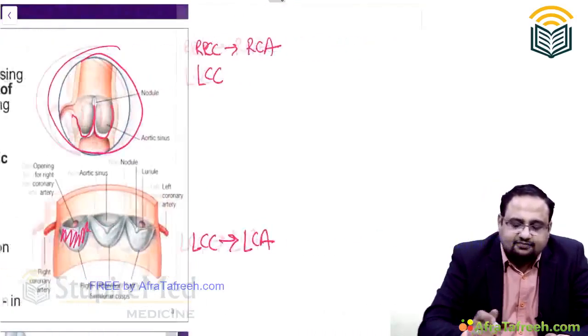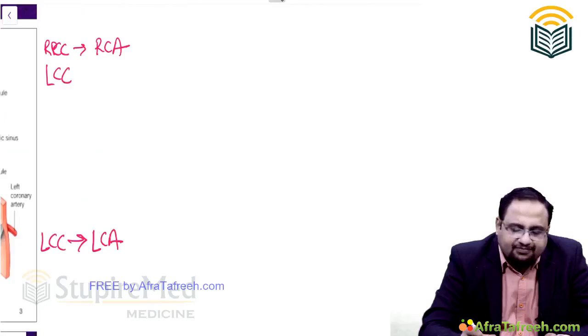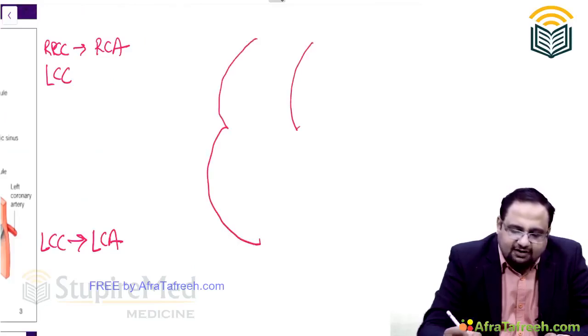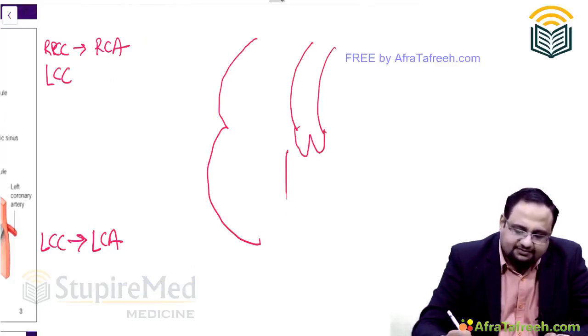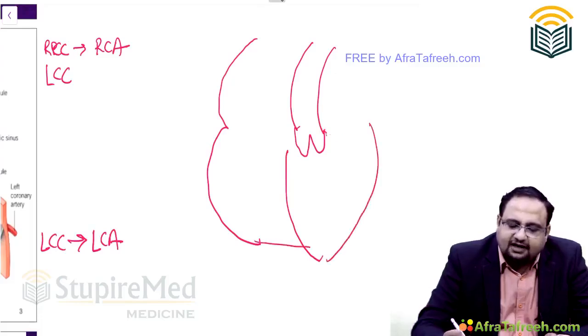If you see in depth, this is the right atrium, and this is the aorta, which gives the opening of the left ventricle. This is the mitral valve and this is the left atrium.